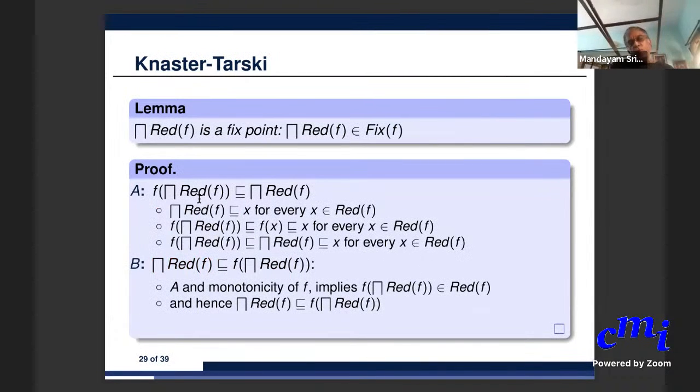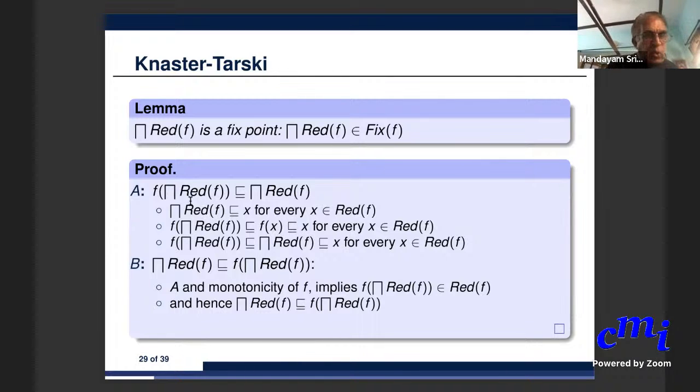Okay, and if you want to show that an element is a fixed point of a function, you have to show that if x is a fixed point of f, then f of x is less than or equal to x, as well as x is less than or equal to f of x. If both of them are true, then it implies that f of x is equal to x.